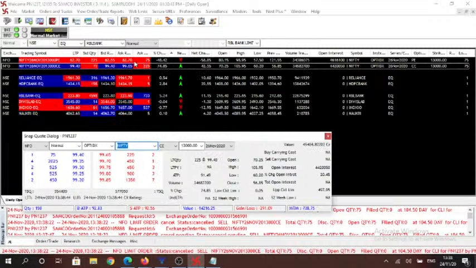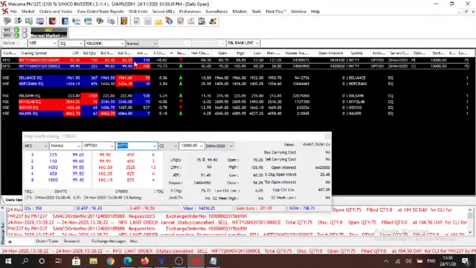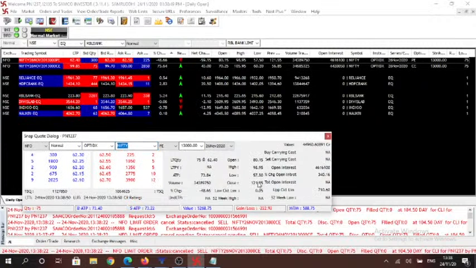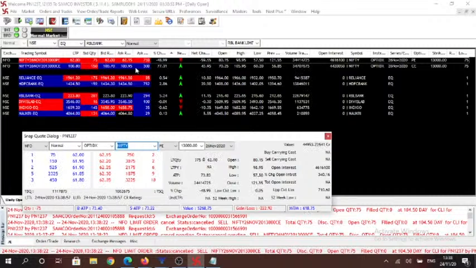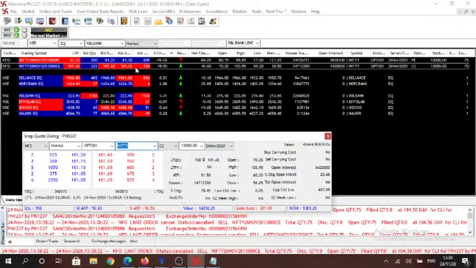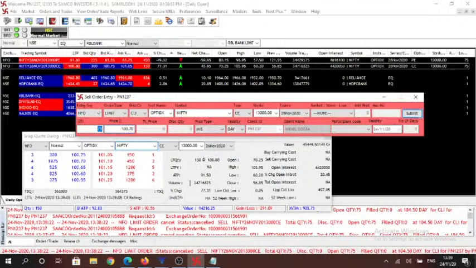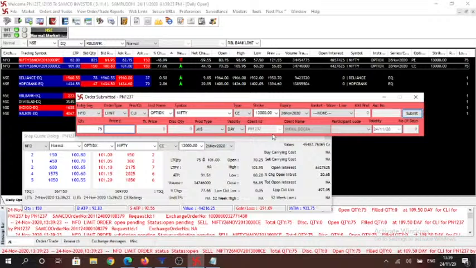So let's see. 7.5 is the low in puts. Place an order at 109.5.